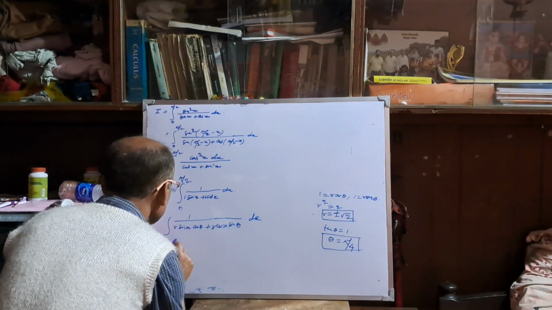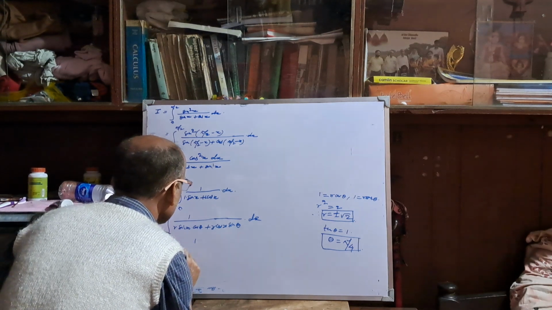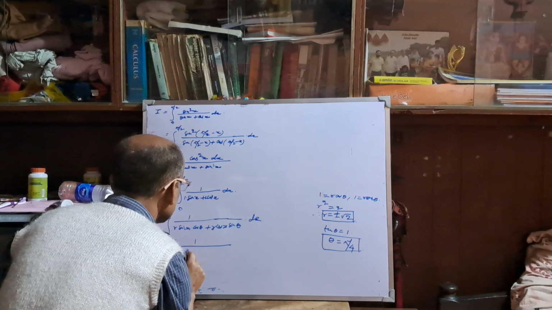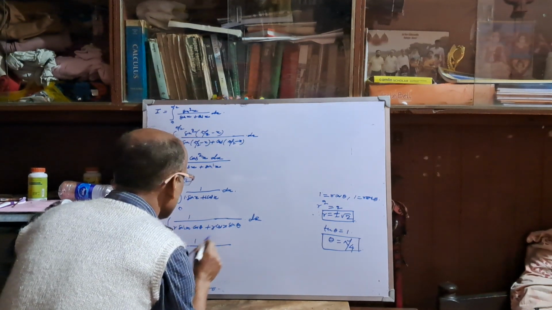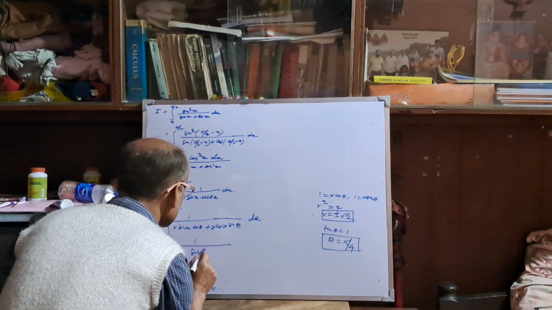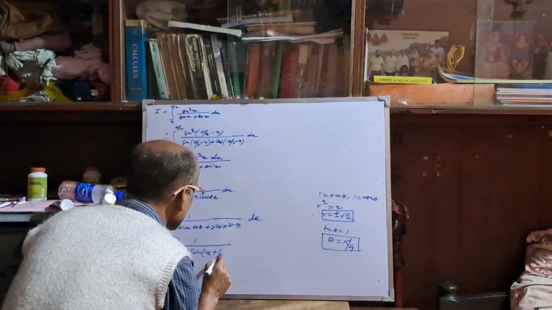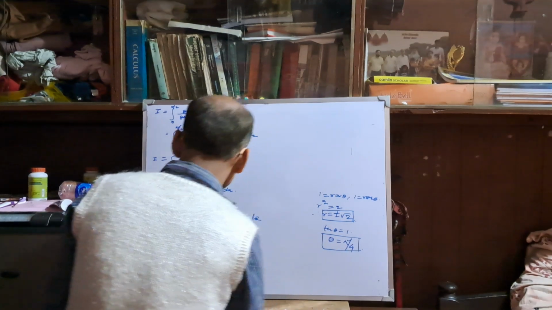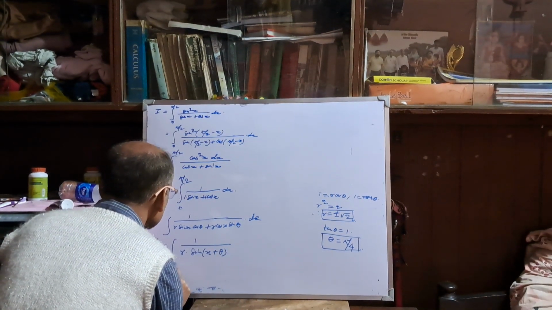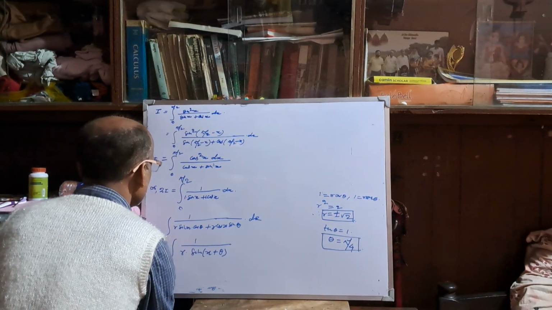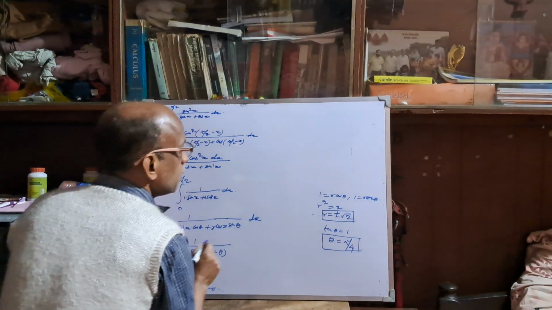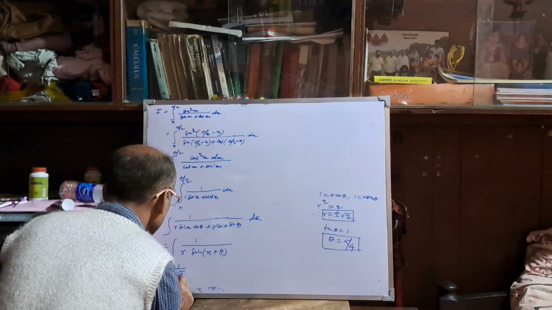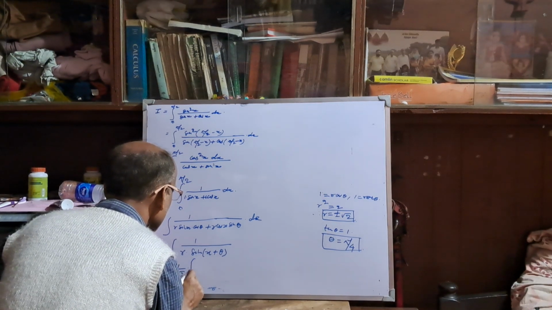If I take 1 divided by r common, that means here sin a cos b plus cos a sin b, that is sin (x plus theta). The value of r is root 2, so I will take 1 by root 2 out of the integral.